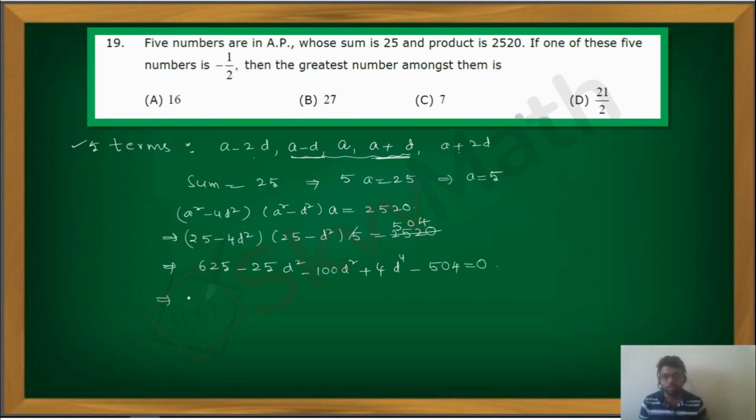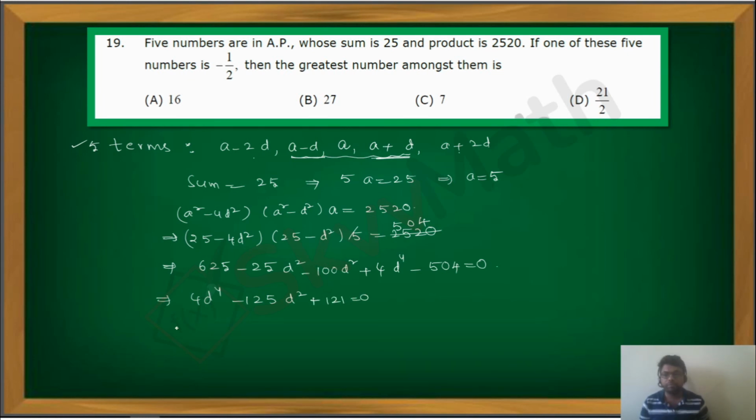So this implies 4D power 4, minus 25D square minus 100D square, that is minus 125D square, and 625 minus 504 is how much? If you subtract 500 we get 125, and 4 more, you get 121. So plus 121, which is equal to 0.